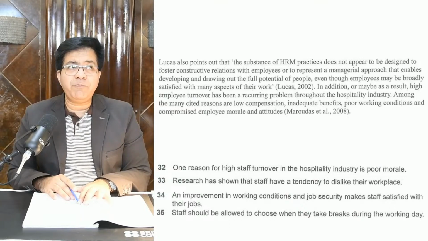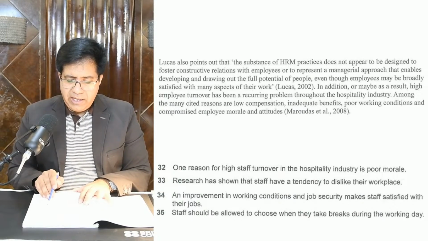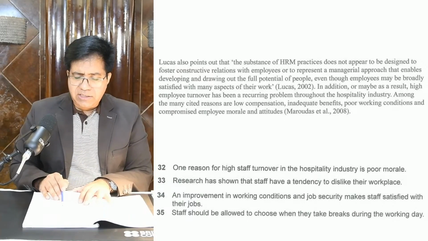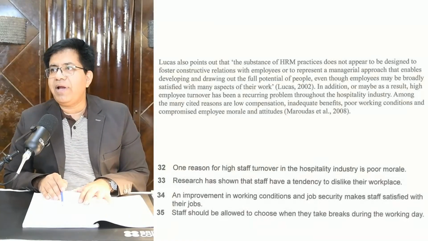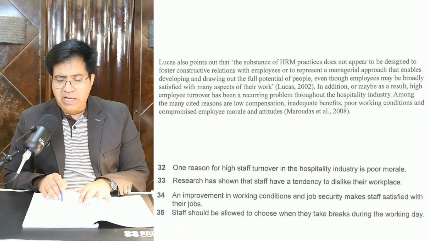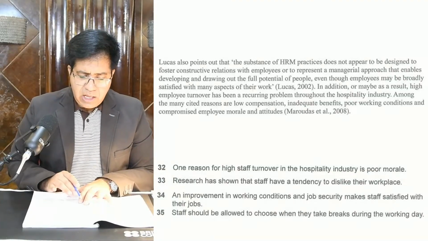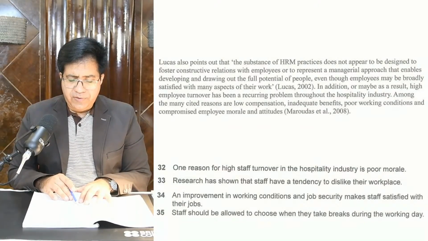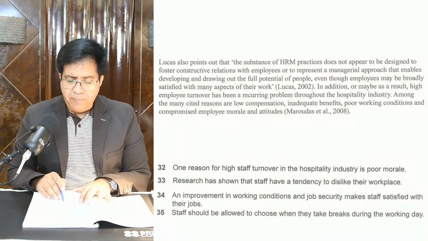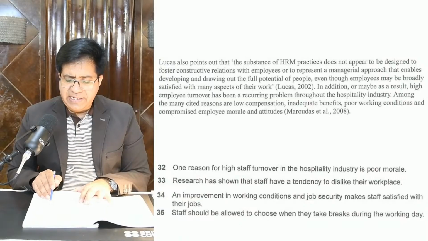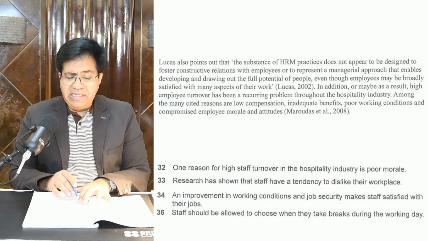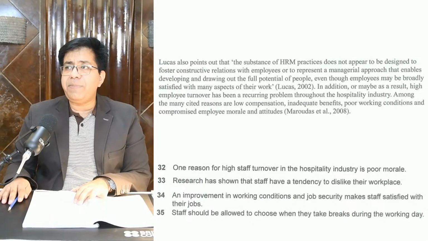Now we need to see poor morale. Okay, I'm reading it from Lucas 2002. Found it? Lucas 2002. In addition, or maybe as a result, high employee turnover has been a recurring problem throughout the hospitality industry. Among the many cited reasons are, now be attentive.